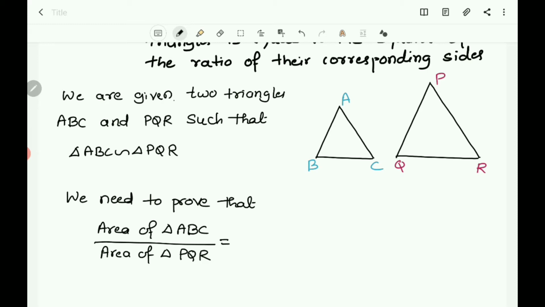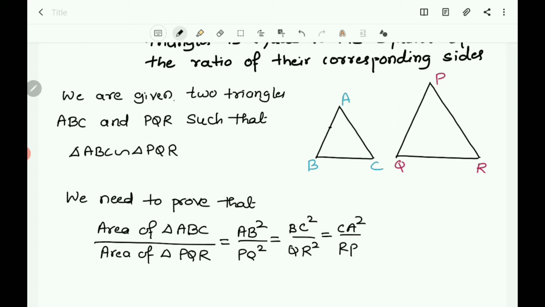You can take AB and PQ. So you can write AB square by PQ square. And let us take BC and QR as the second pair of corresponding sides. So it is equal to BC square by QR square, is equal to CA square by RP square.